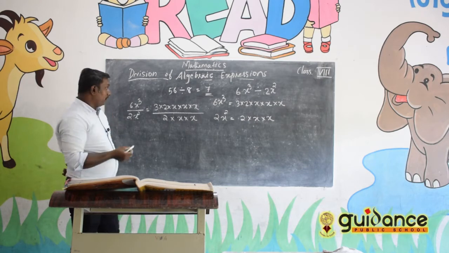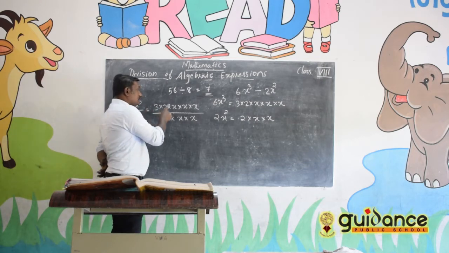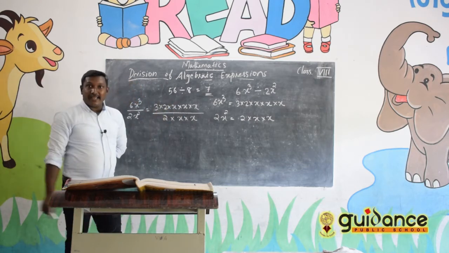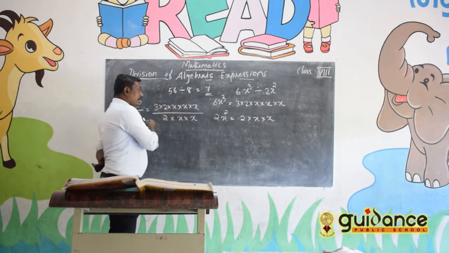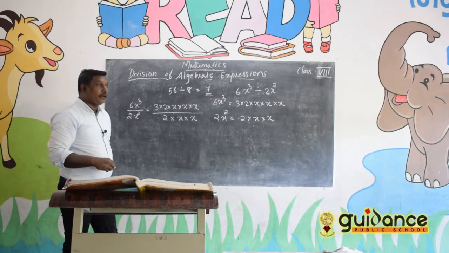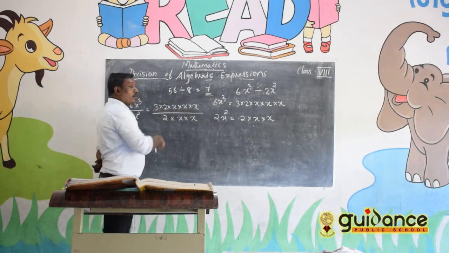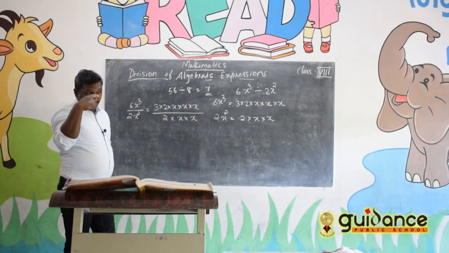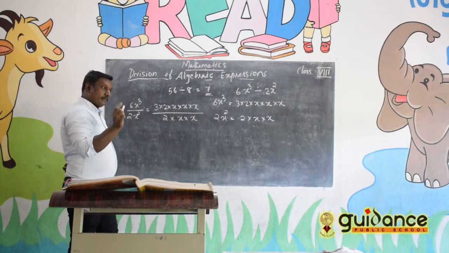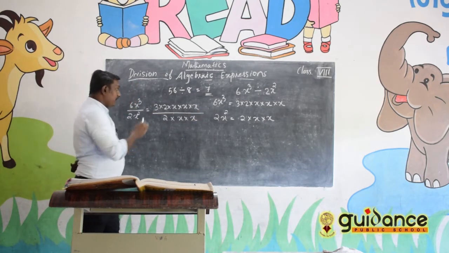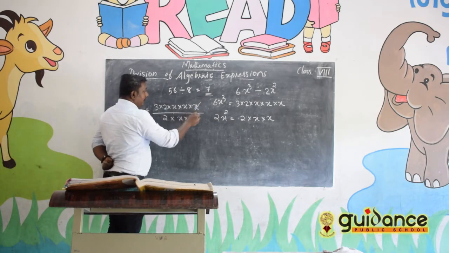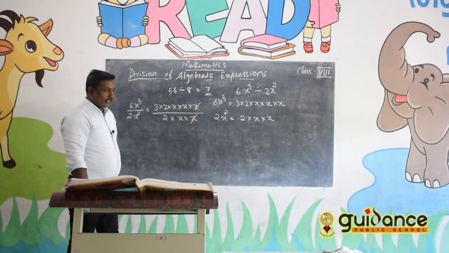Always remember, if it is addition, like 3 plus 2 plus x, we can't divide like that. If the numerator and denominator are products, that is multiplication, we can cancel the common terms.